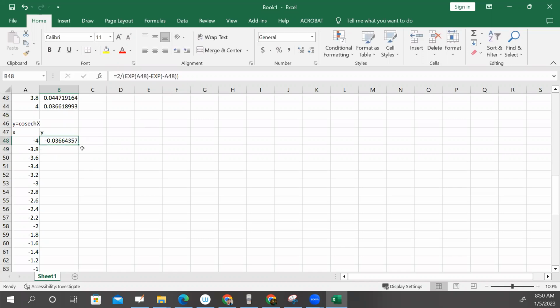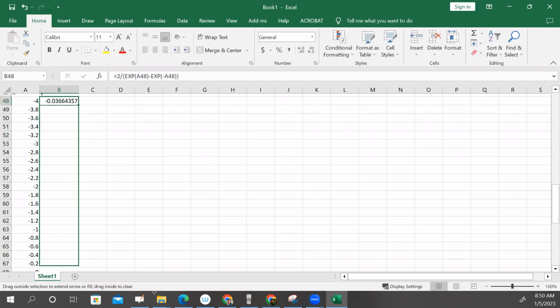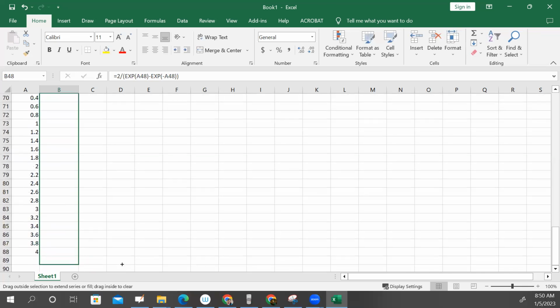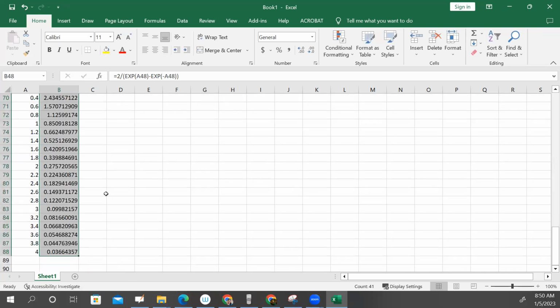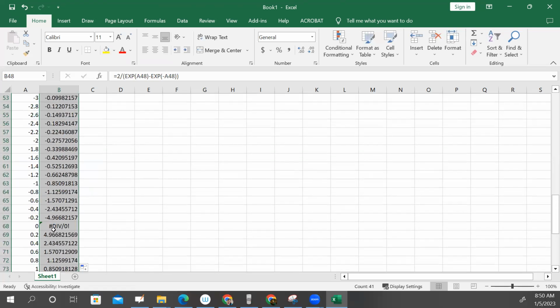You get your answer, and then you can just pull this down and you get all of this. So guys, over here you can see you get the error division by 0, because, as you saw in what we did previously, x equals 0 was an asymptote. So that's why this gives you the error division by 0. So I'll just remove this point, because when you draw the graph, that's just going to be a problem.